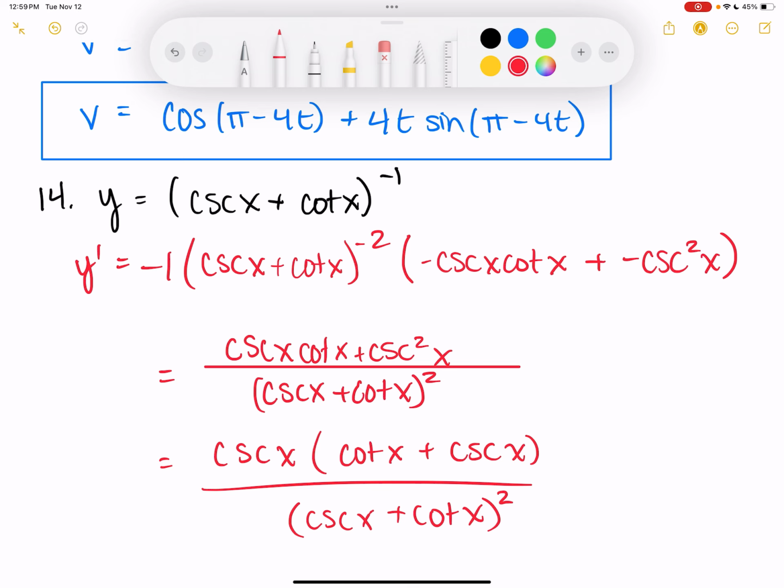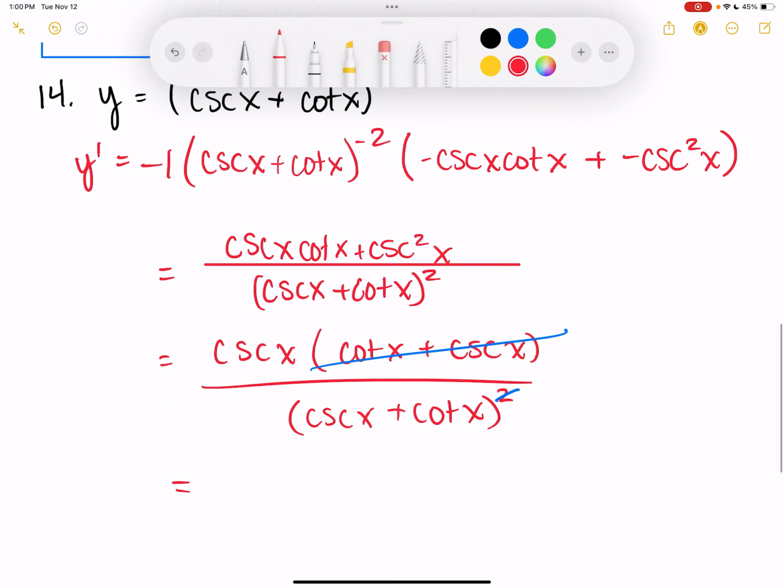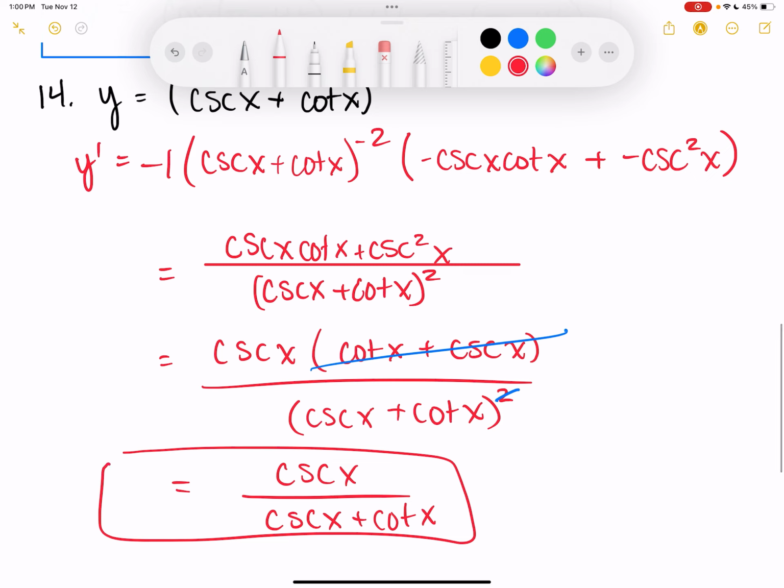Now what happens? We can cancel a cotangent of x plus cosecant of x and a squared. Yep, so I can get rid of that. So ultimately, I am left with cosecant of x over cosecant of x plus cotangent of x for my final answer.